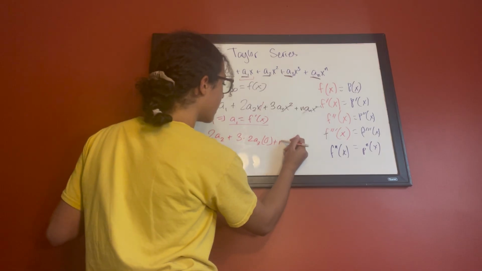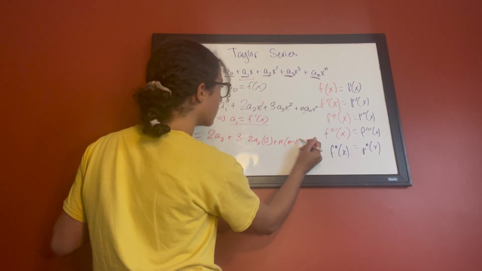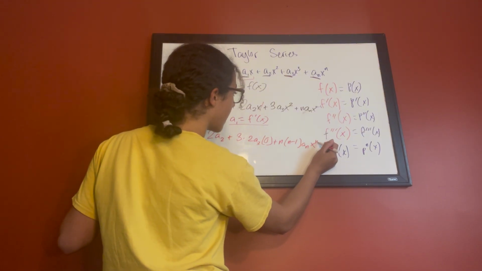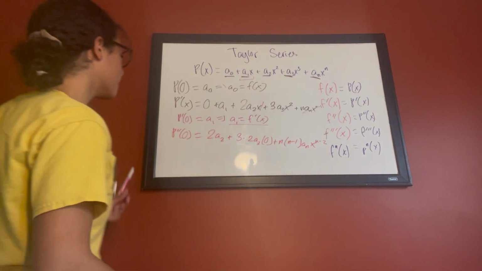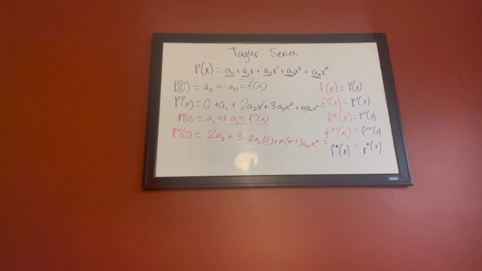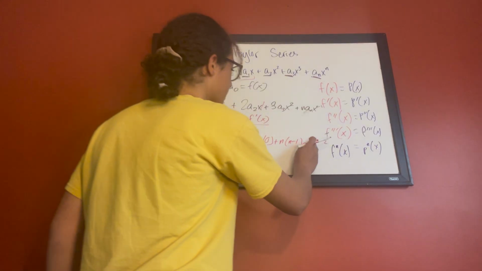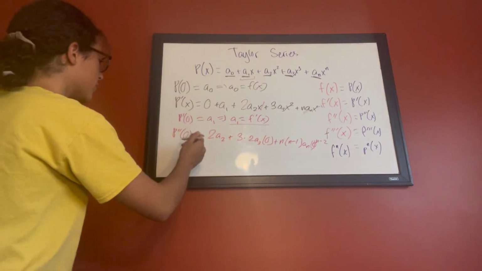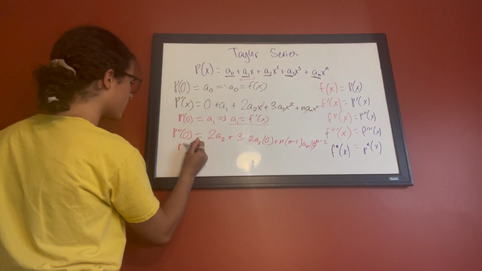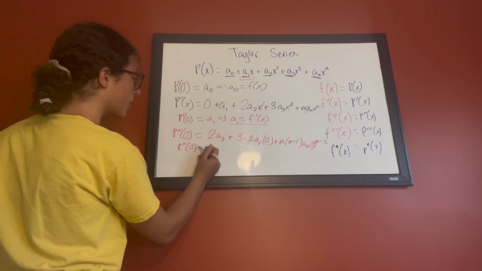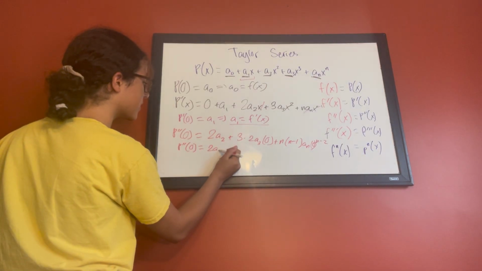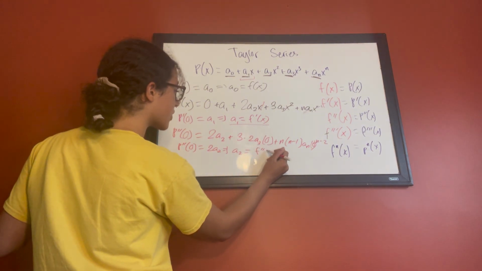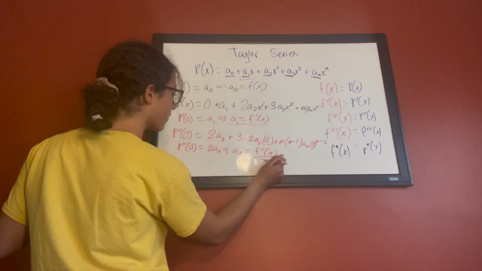And then plus n times n minus 1 times an times x to the n minus 2, right? Obviously, sorry, this is a 0. So obviously I know that these terms are going to 0, so I just have that the second derivative at 0 is equal to 2a2. So what do I have? I have a2 is equal to the second derivative of x divided by 2.